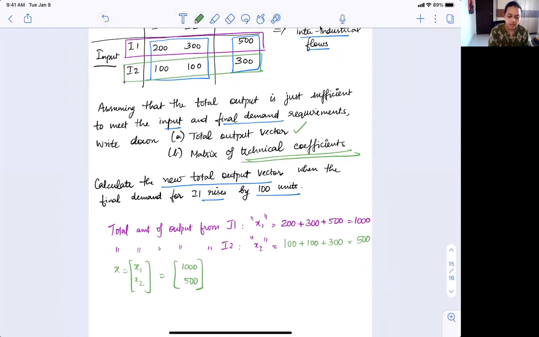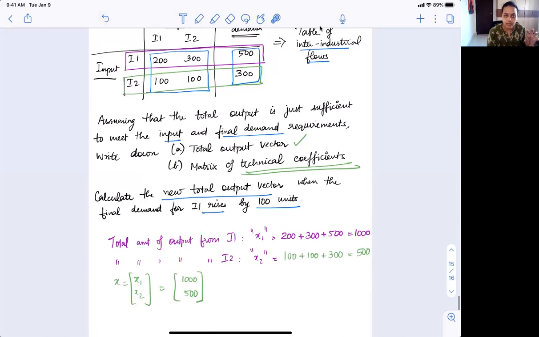If you look at this table, the number 200 means you need 200 units of I1 to produce 1000 units of output from I1. You need 300 units of output from I1 to produce 500 units of output X2. Similarly, you can read each element in that 2 by 2 table.